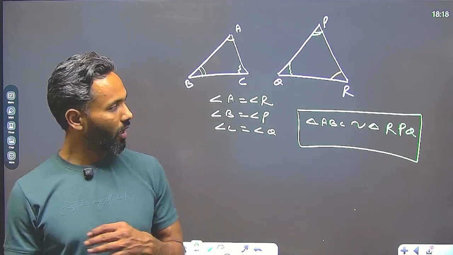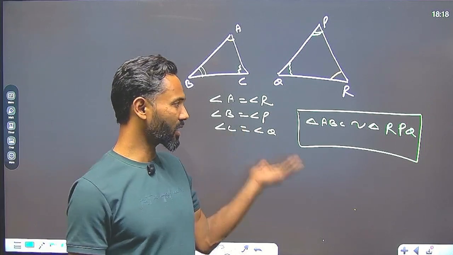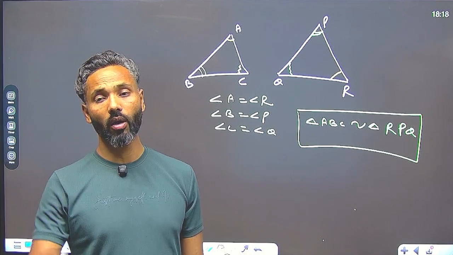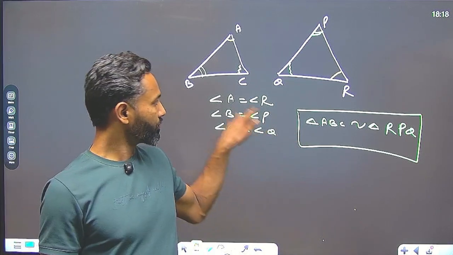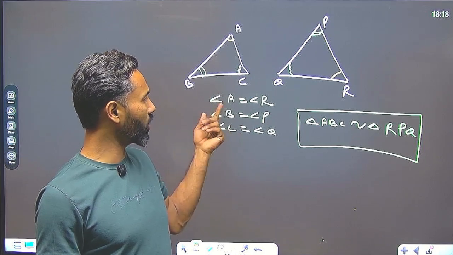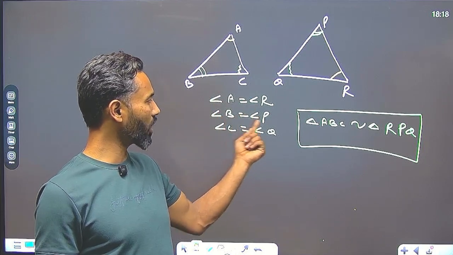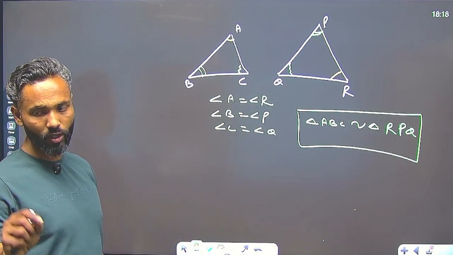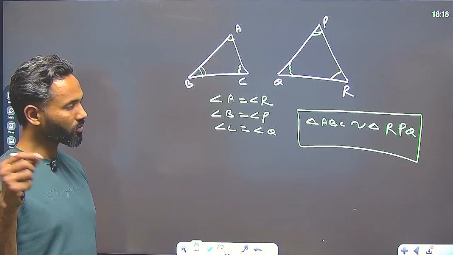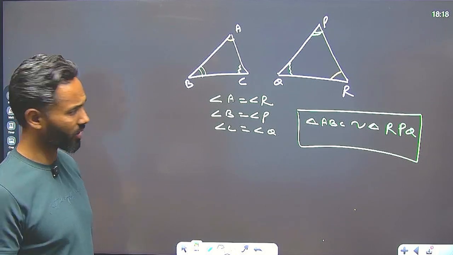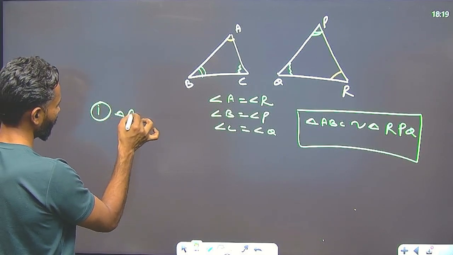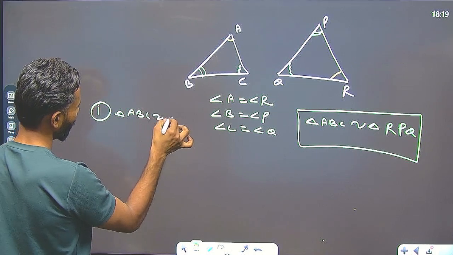Understand that? Many times questions have been asked from this same portion. The examiner can ask a question like this: suppose he tells you angle A equals angle R, angle B equals angle P, angle C equals angle Q. Then he asks which one of the following options is correct. He will give you four options, like triangle ABC similar to triangle PQR.